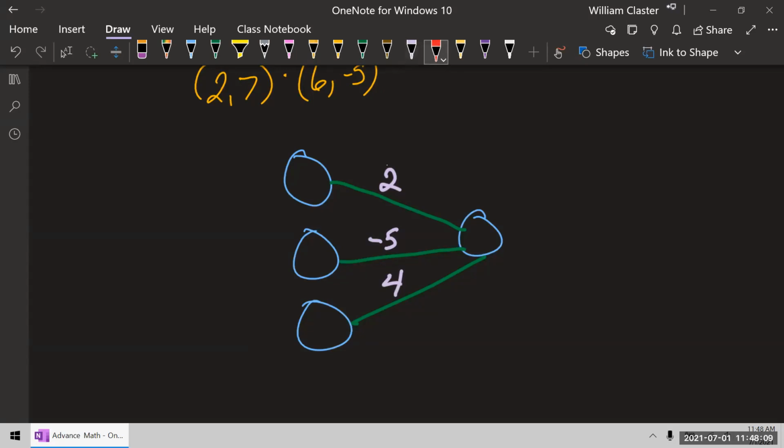And let's say the threshold is, say, 5. Okay, and let's try some values for the inputs. Let's have 2 and 6 and 3. Okay, so what is the x vector?